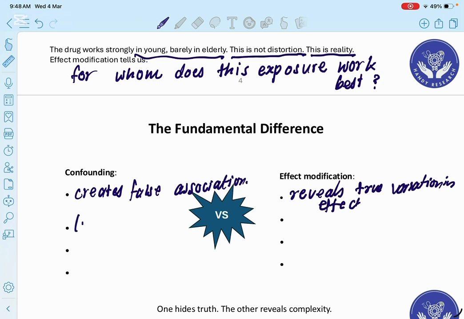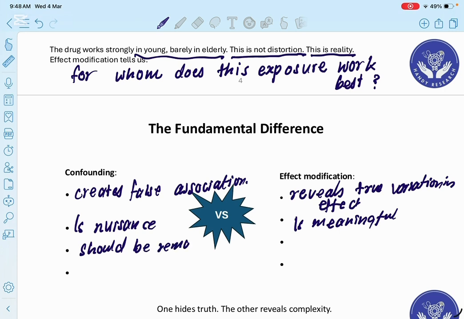Confounding is a nuisance, while effect modification is meaningful. Confounding should be removed. Effect modification should be reported or described. It is similar to stratum-specific estimates.